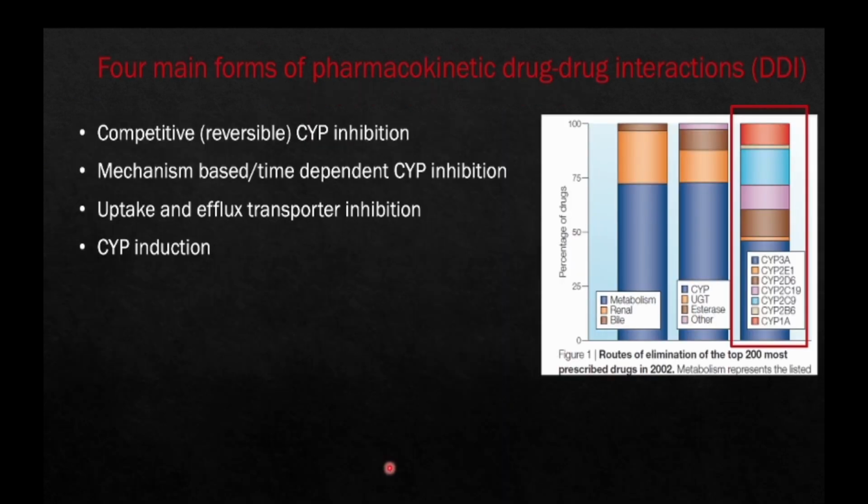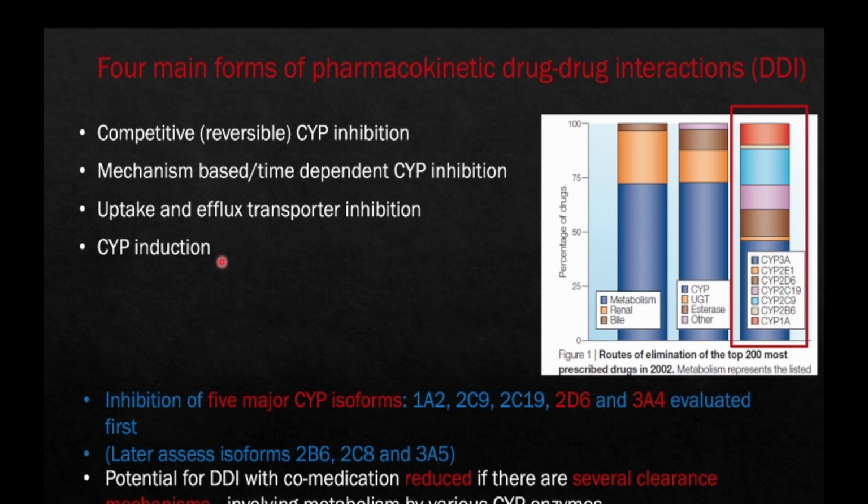There are 4 main forms of pharmacokinetic drug-drug interactions. The first is competitive reversible cytochrome inhibition. The second is metabolism-based time-dependent cytochrome inhibition. Also, we have uptake and efflux transporter inhibition, and also cytochrome induction.